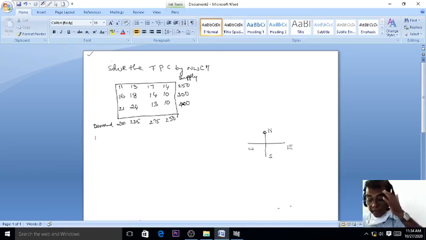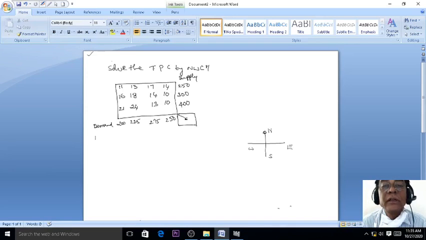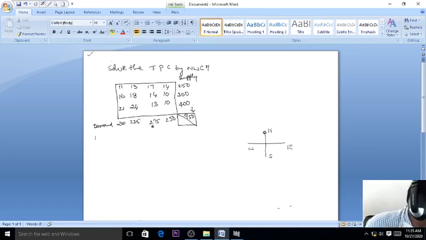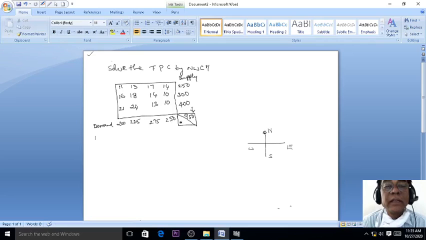Before applying the NWCM, the first point is to check the total of supply and demand. This total is 950, and this total is also 950: 250 plus 275 plus 225 is 500, 950. It means it is a balanced problem.